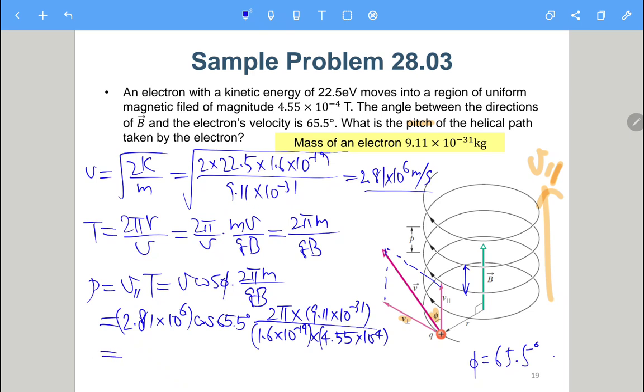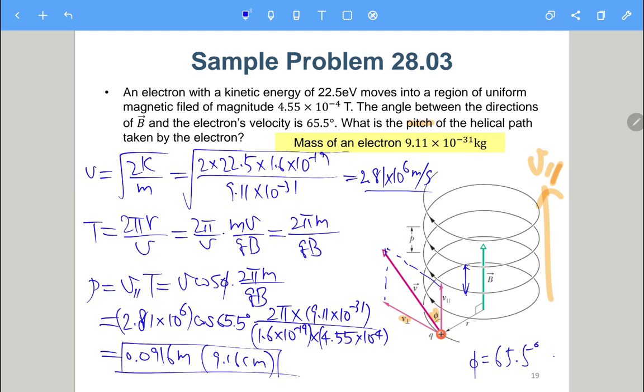Okay, so finally we have 0.0916 meter, or you can write it as 9.16 centimeters.